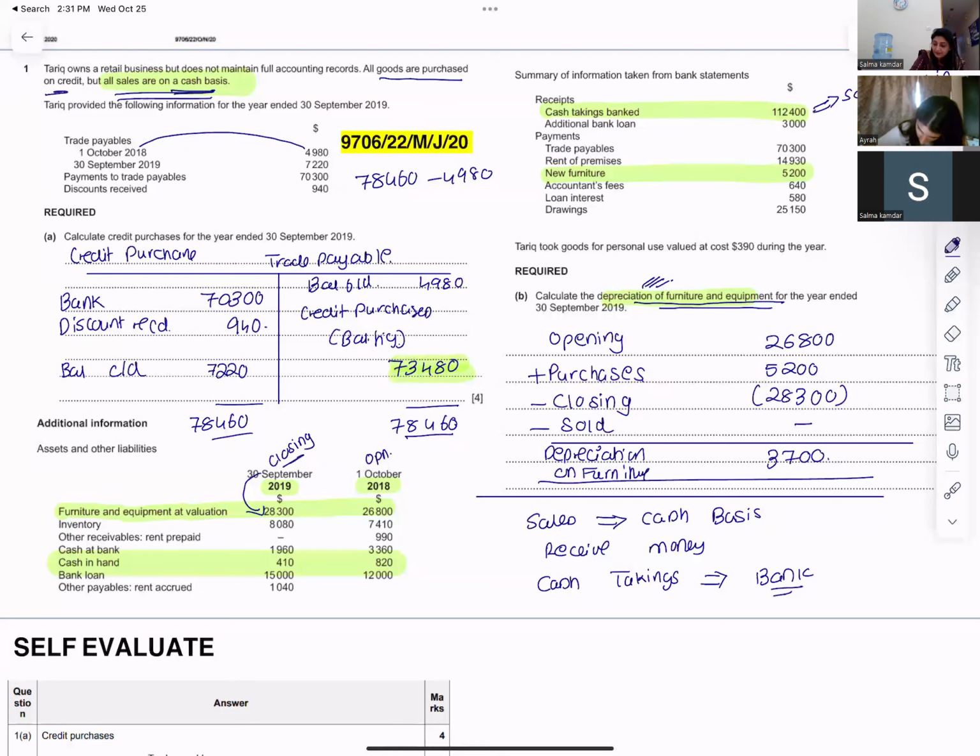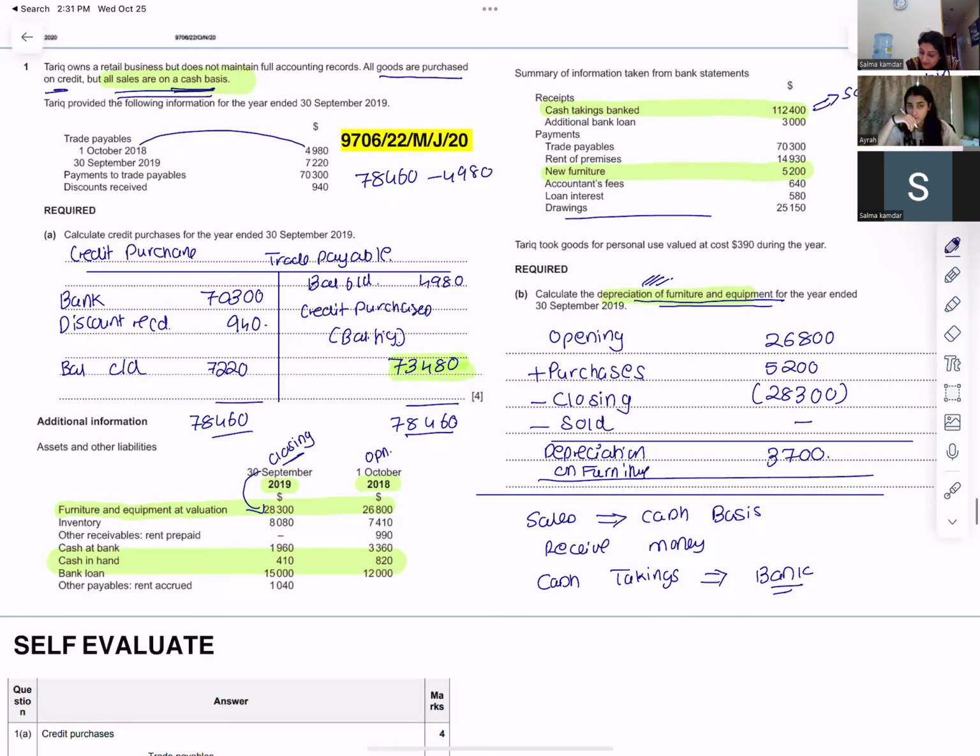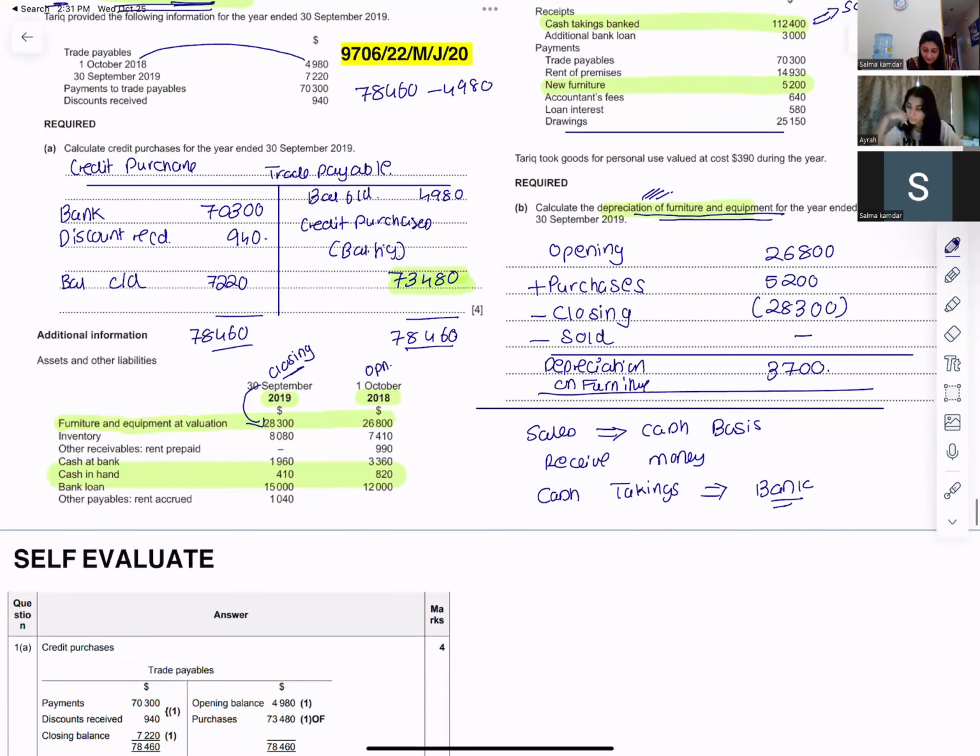Apart from that, you see there is some drawings of 225,150, but I don't know what type of drawings it is. Anything else that is related to drawings?